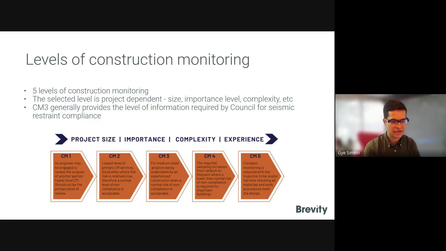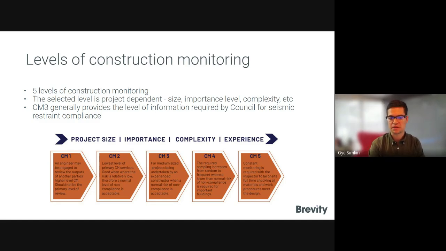CM1 is the lowest level of construction monitoring. CM2 is appropriate for smaller projects such as office fit-outs, where a normal level of non-compliance is acceptable. Our engineers will inspect representative samples to check the correct materials and construction methods have been used. Whereas when you go up to CM3, that's where a normal risk of non-compliance is acceptable.